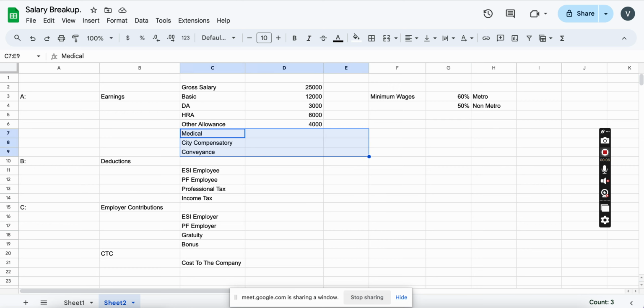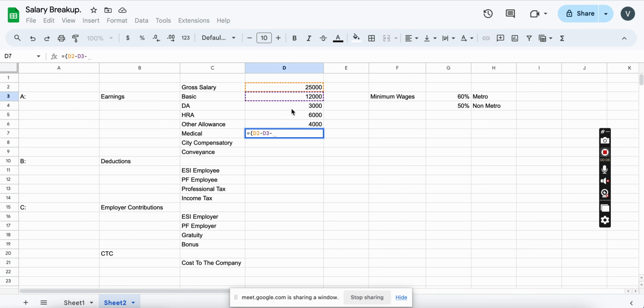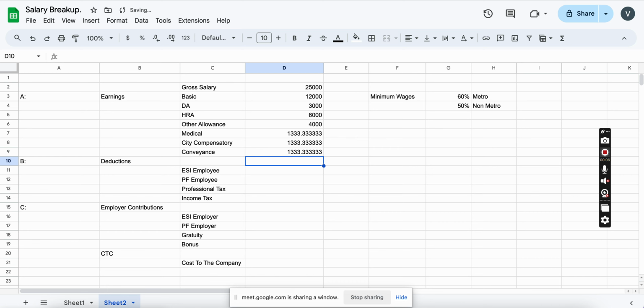Now these three are not required. But sometimes what other companies are doing, instead of putting it as other allowance altogether, they put it like this: gross minus basic minus DA minus HRA divided by 3. Why divided by 3? Because three components are there, no?